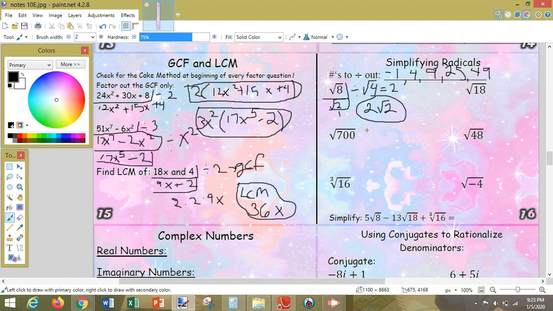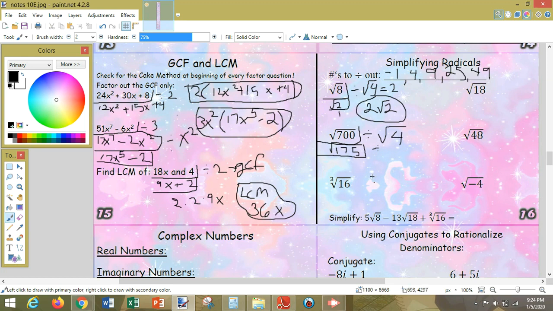Let's look at the next one. Square root of 700. There's no negative. Can we take out 4? Yes, we could take out square root of 4. 700 divided by 4 is 175. That's an odd number, so we definitely can't take out any more 4s. How about 9?